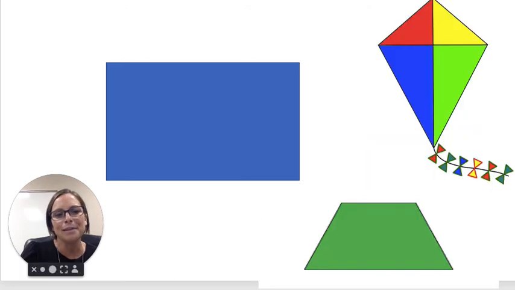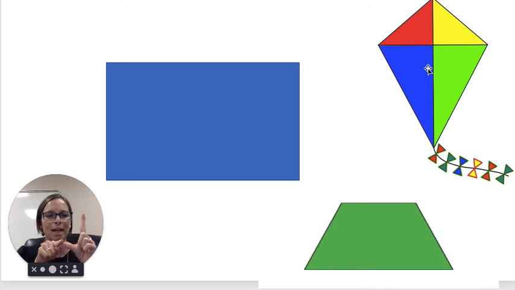You know, let's take a look at these shapes next to a rectangle. Is this kite a rectangle? Remember, a rectangle had 4 vertices, 4 straight sides, and the sides come together to make L's in each of those corners. Well, let's take a look at the kite. There's 1, 2, 3, 4 sides. There's 1, 2, 3, 4 vertices.